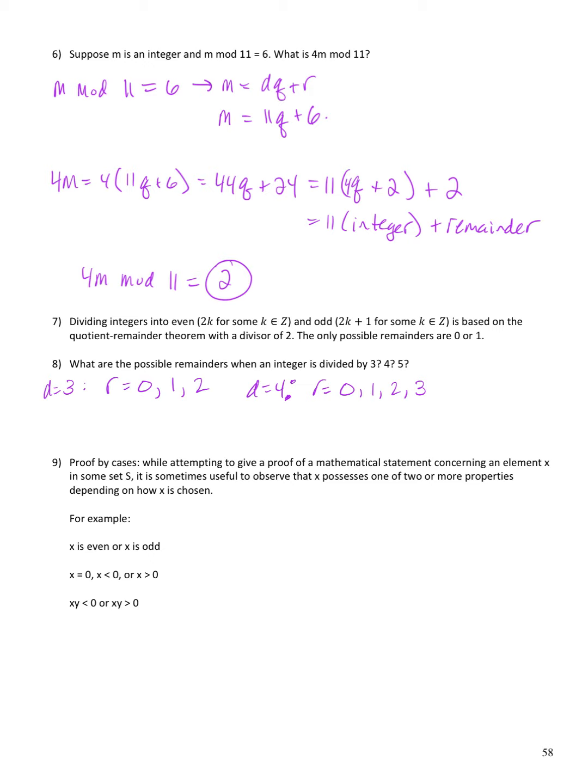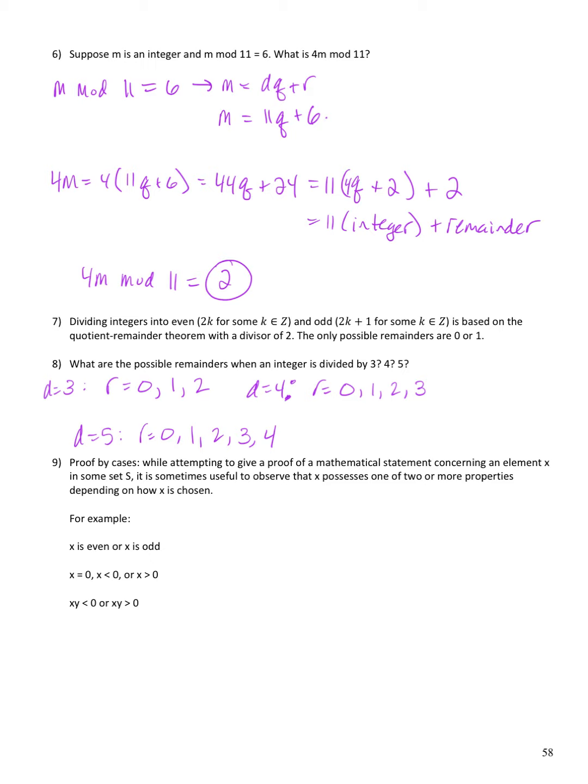So you can't have a remainder of 4. And then when d equals 5, your remainders could be 0 or 1 or 2 or 3 or 4, but not 5. And not bigger than 5, right? If d is 5 or bigger, then you could divide 5 into your integer another whole time and have a smaller remainder.